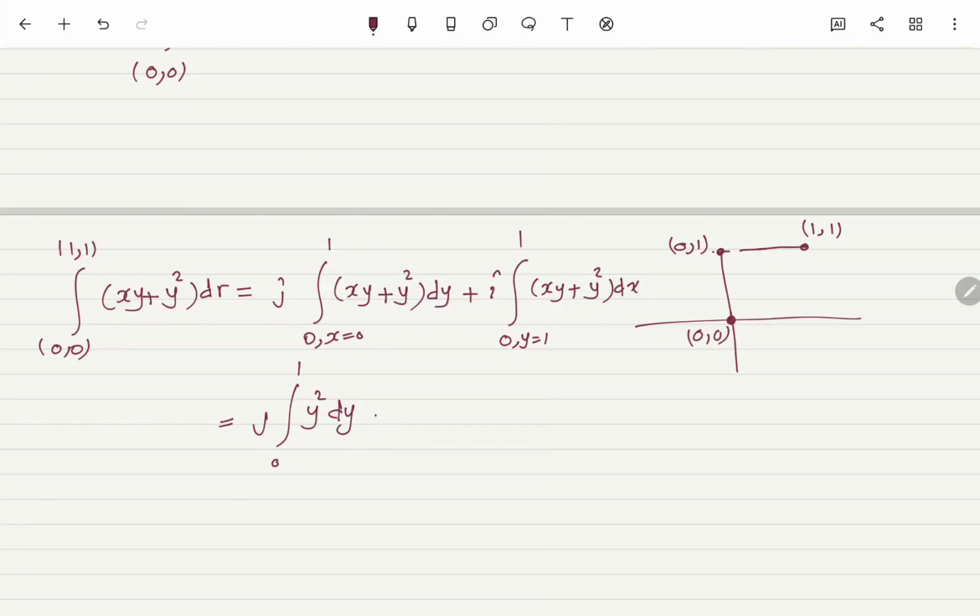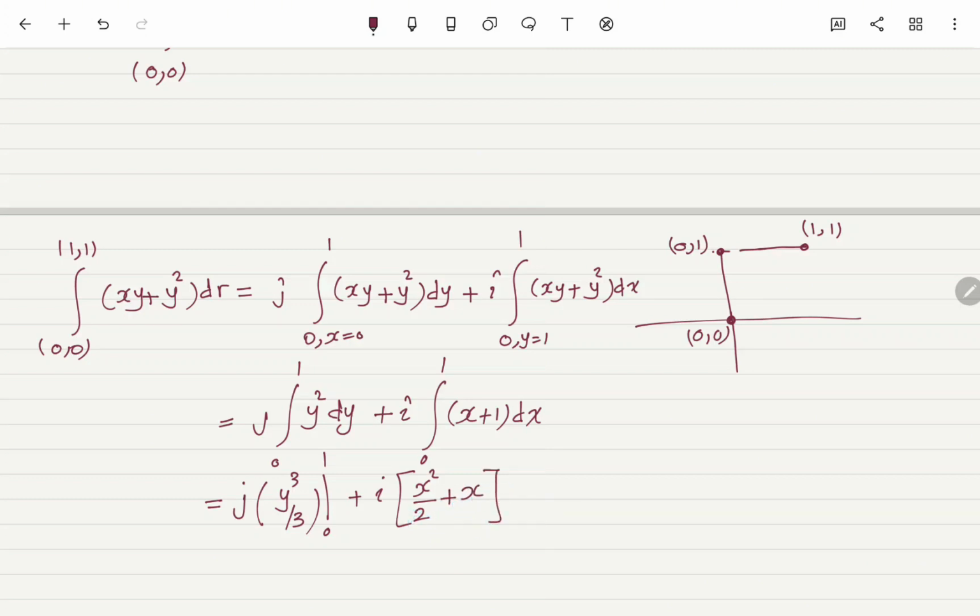with j hat, plus i integration from 0 to 1 of x plus 1 dx, equal to j y cubed over 3 from 0 to 1, plus i, x squared over 2 plus x from 0 to 1.